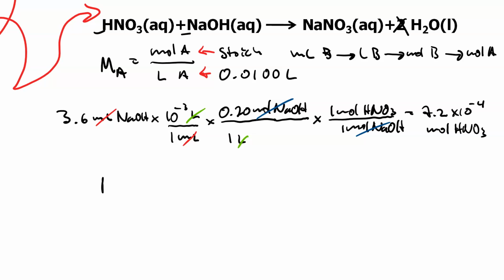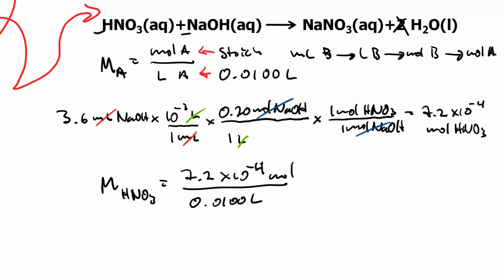So, the molarity of the HNO3, 7.2 times 10 to the negative fourth moles over 0.0100 liters. And I end up with 0.072 molar.